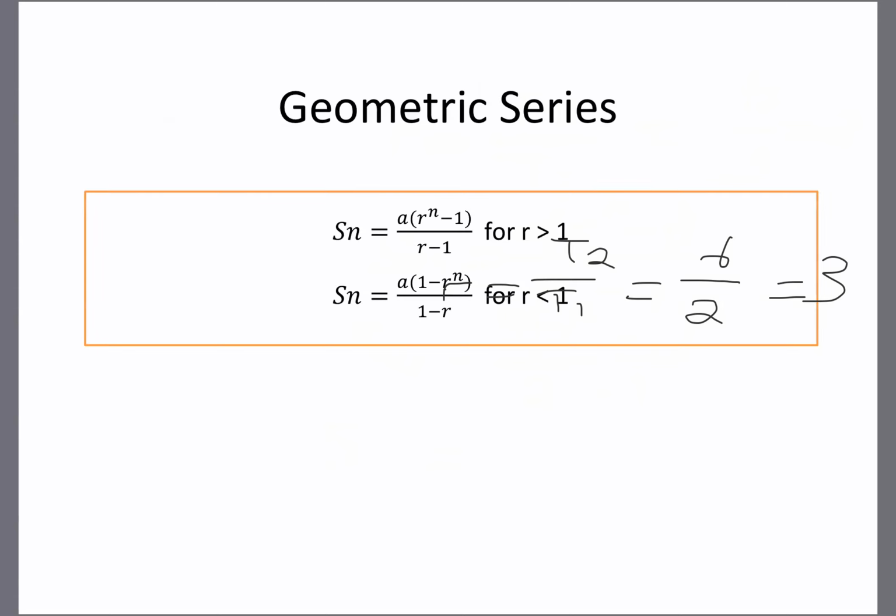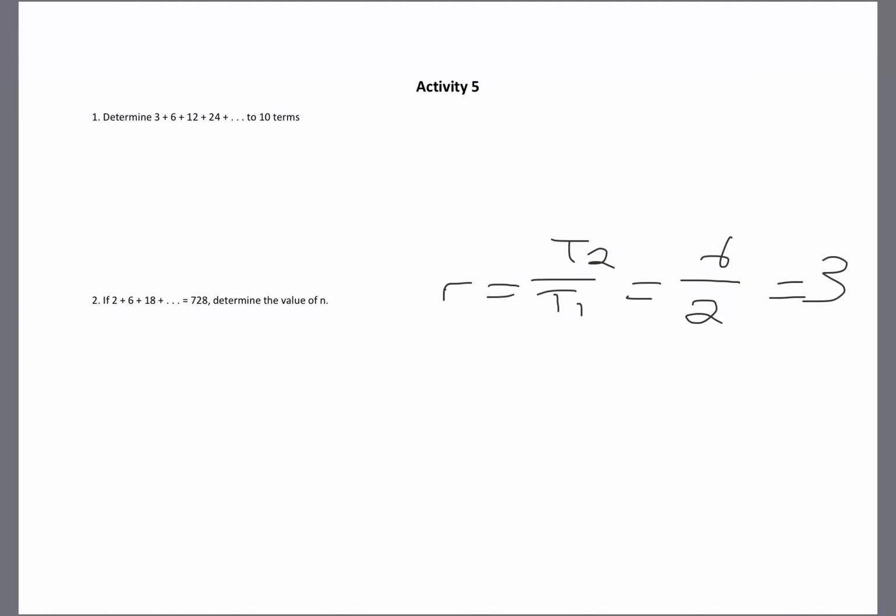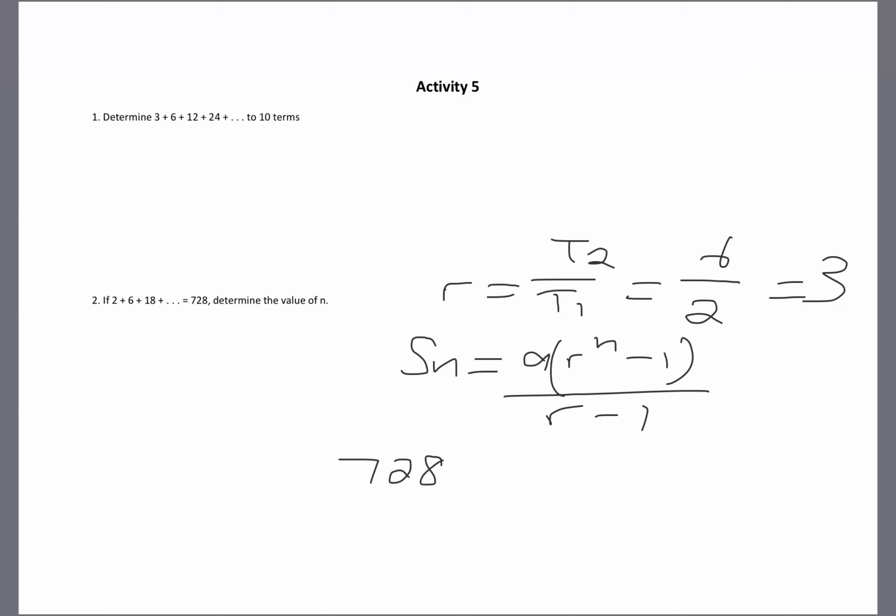So which equation am I going to be using, the first one or the second one? The first one. So I'm going to say that my Sn is equal to A times R^n minus 1 over R minus 1. So it tells me that my Sn is equal to 728, right?